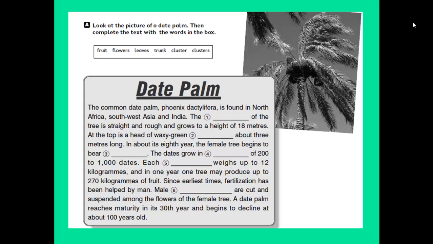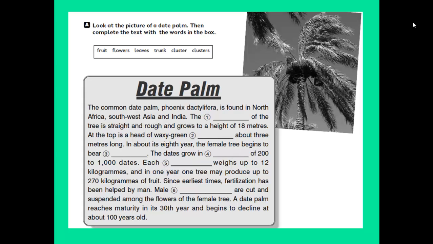At the top is a head of waxy green leaves about 3 meters long. In about its 8th year, the female tree begins to bear fruit.